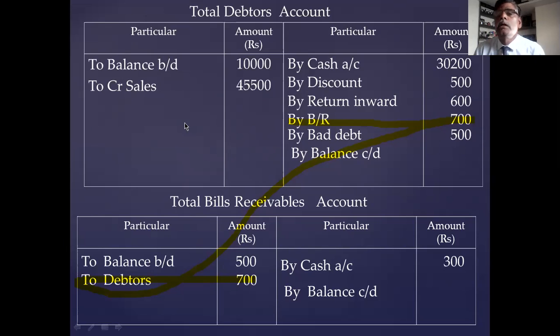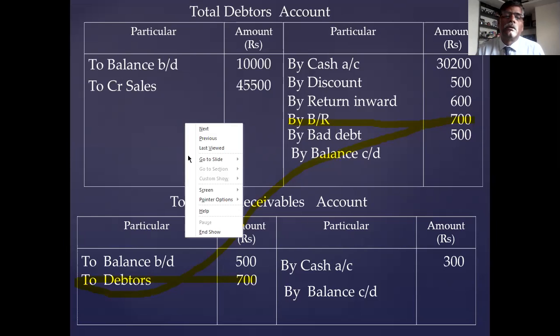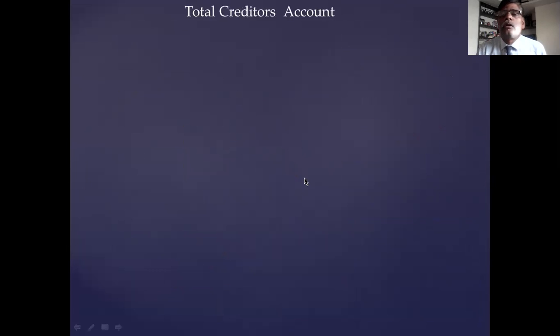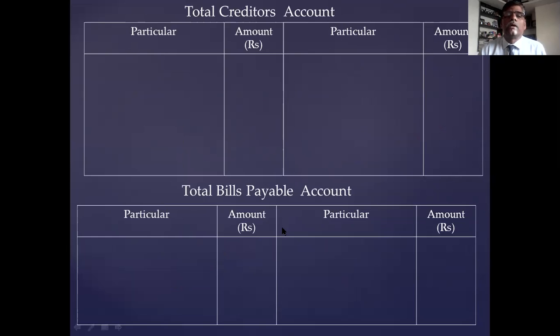Now I'll prepare the creditors account and bills payable account. Creditors account, bills payable account. Here also first you write the balance. Here the balance comes on the credit side. Opening balance on the credit side, closing balance on the debit side, because these are liability accounts.